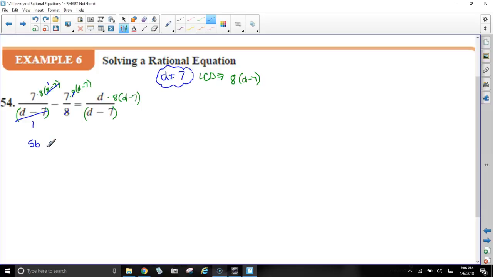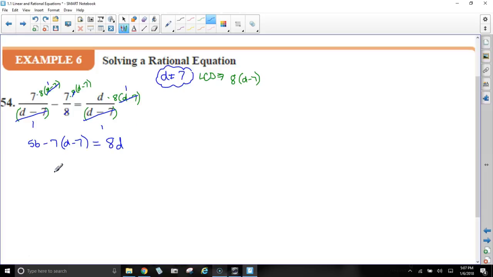If you want to go ahead and run that through, you can. I'm just going to bring negative 7 times the quantity d minus 7 down, and I'll run the negative 7 through. I don't want to make any mistakes with that being a negative there. Now for the term on the right-hand side, when we reduce the d minus 7 with this d minus 7, we are left with d times 8, also known as 8d.